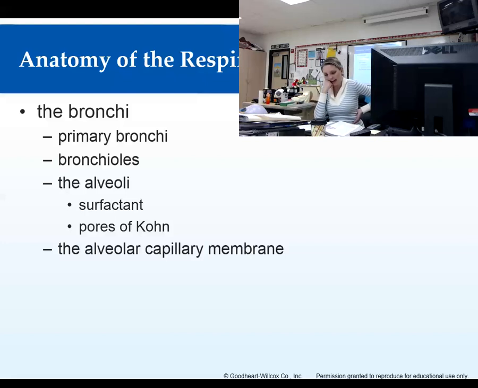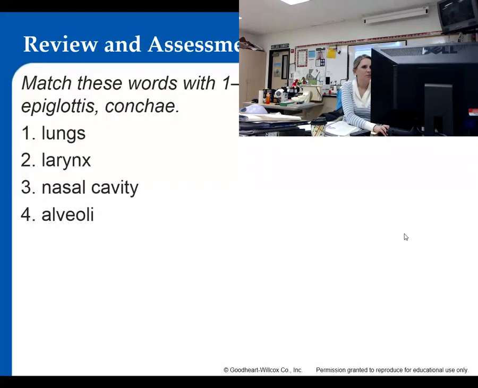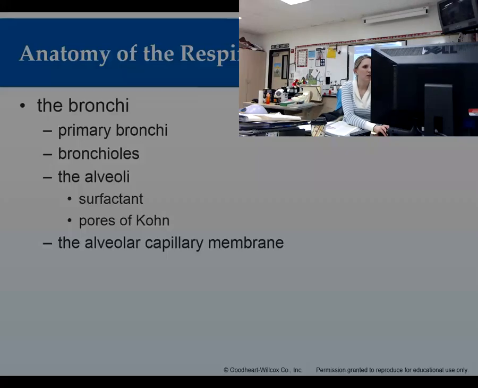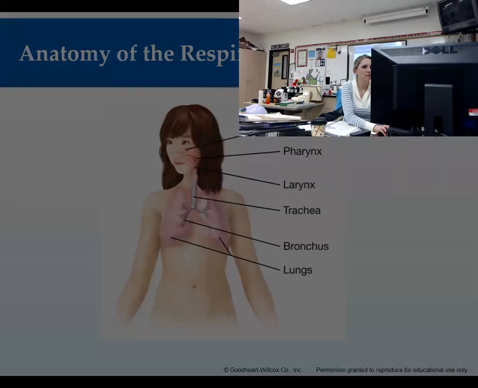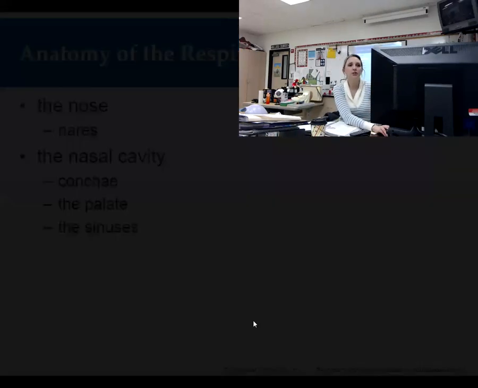Okay, the bronchi. We went all the way through to the trachea. Here you go, you can see the trachea here. And then once the trachea gets to the lungs, it actually splits into the bronchi.